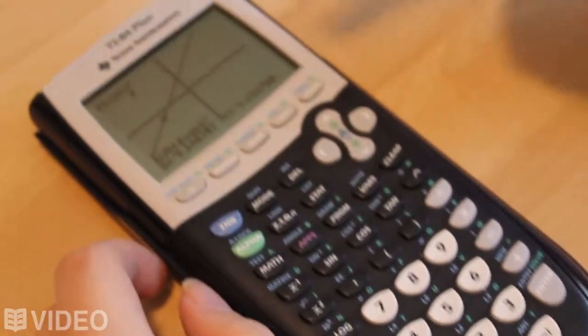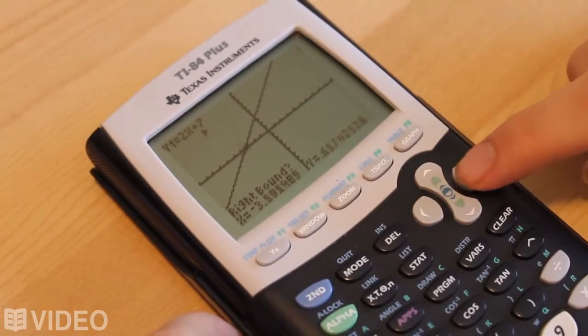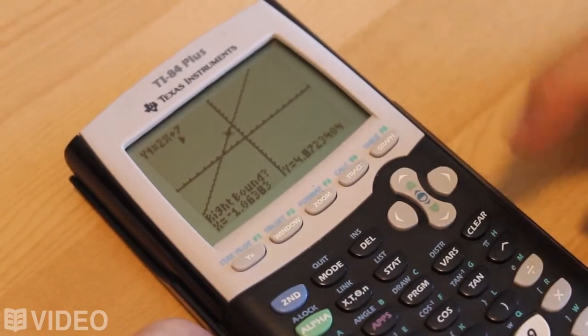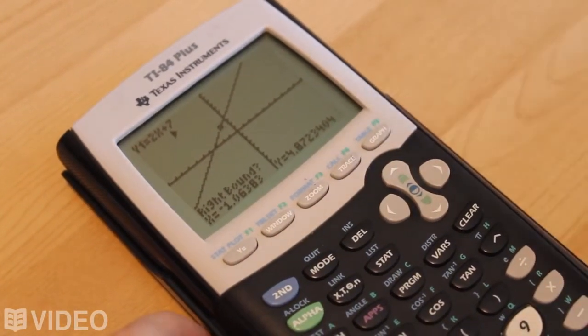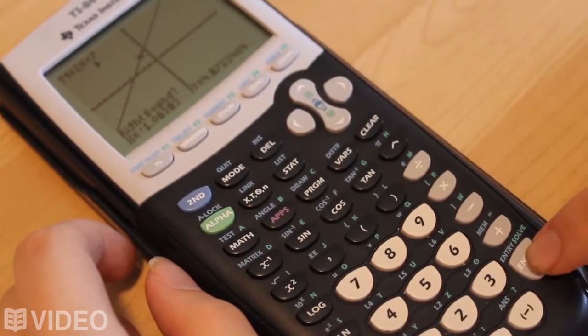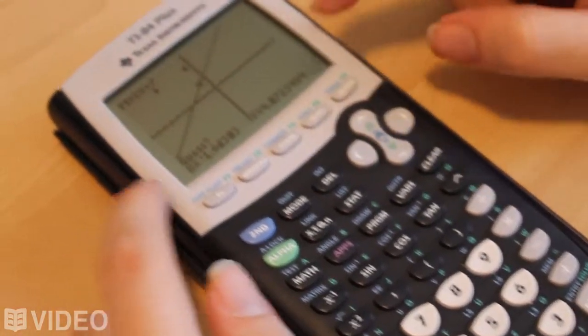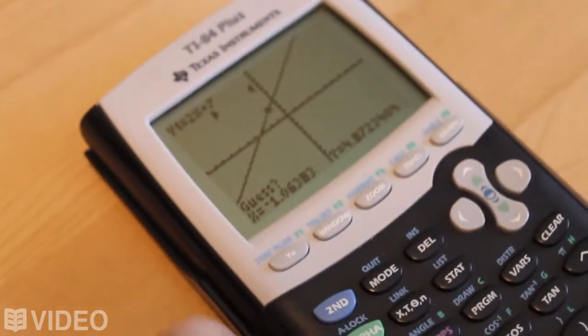And then it asks us for right bound, and to do right bound we just hit the right key until we get past the x-intercept, and then we press the enter key again just to lock in the right bound. Now it asks us to guess, and we probably don't want to guess.